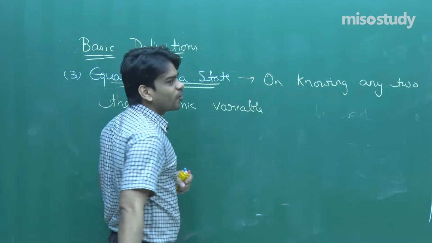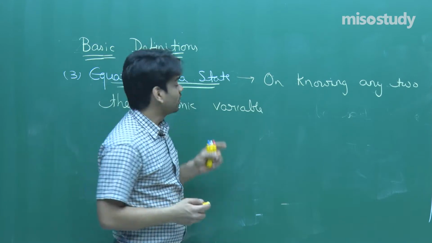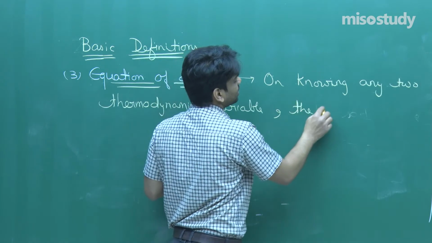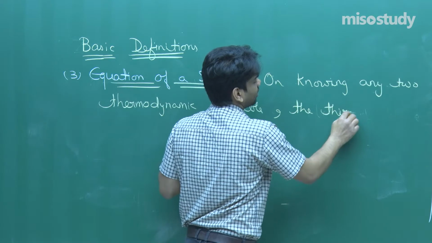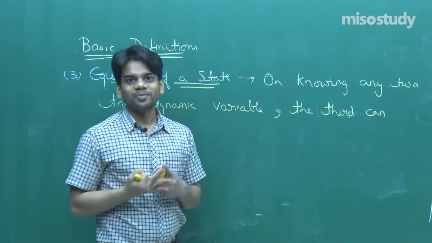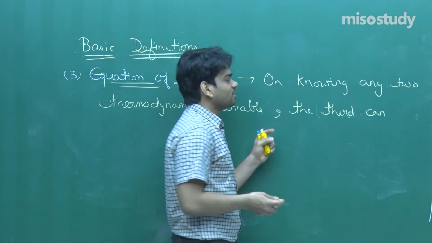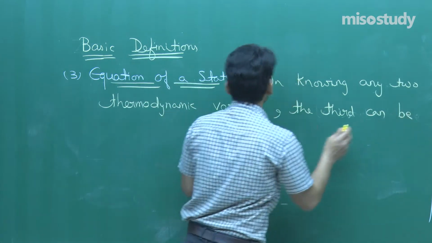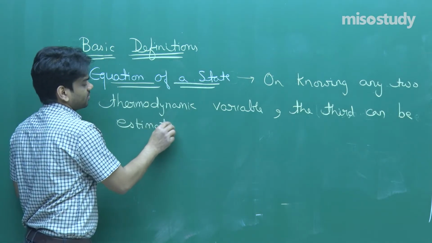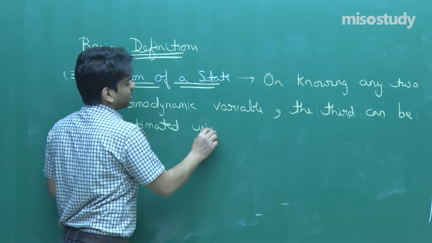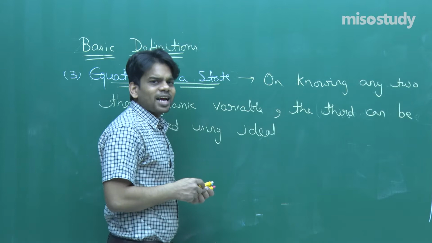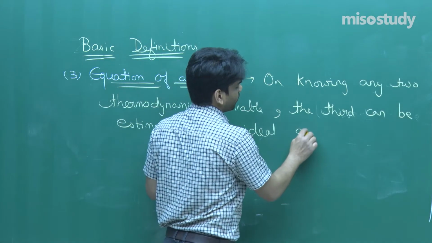And remember, when I talk about the three variables, I'm talking about pressure, volume and temperature. Those are the basic thermodynamic variables. The third can be estimated using the ideal gas equation. Remember, we are not talking about real gases. Real gases may behave in a different way.